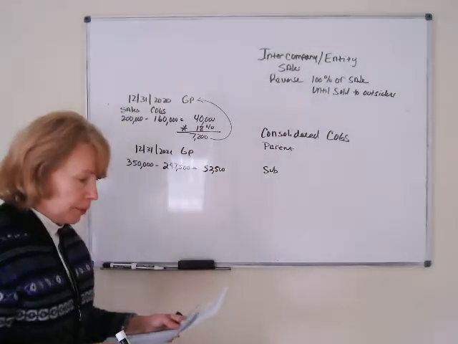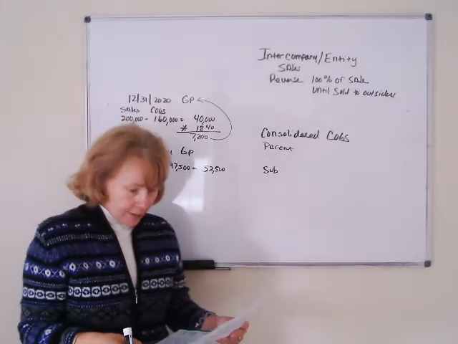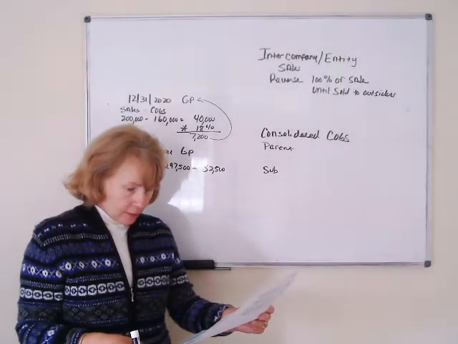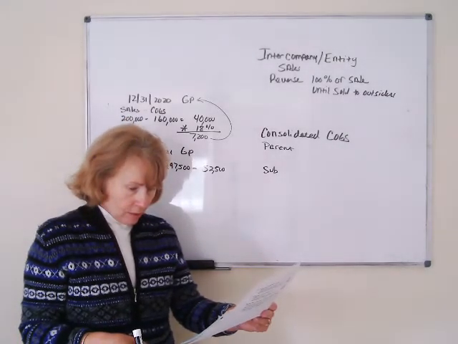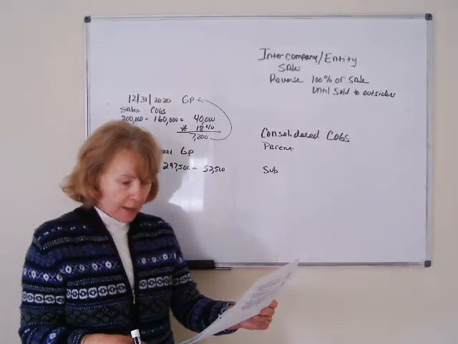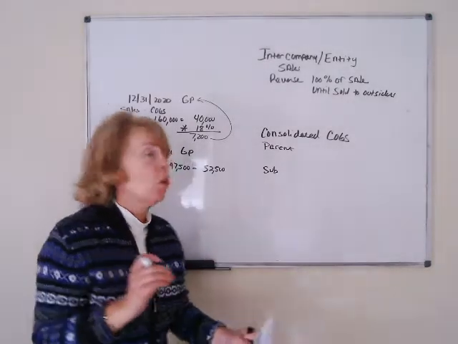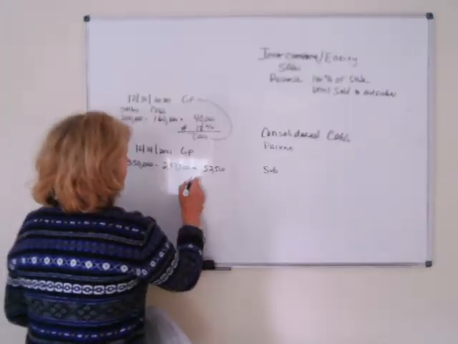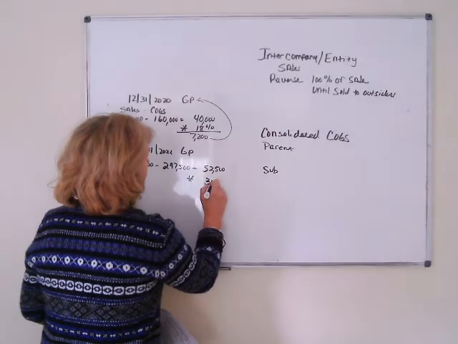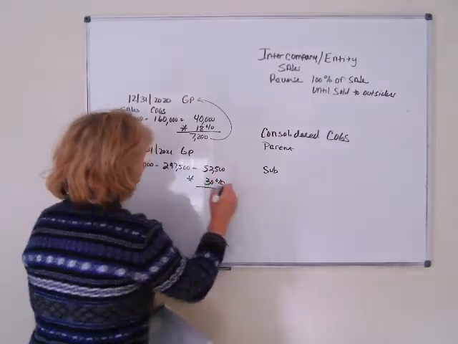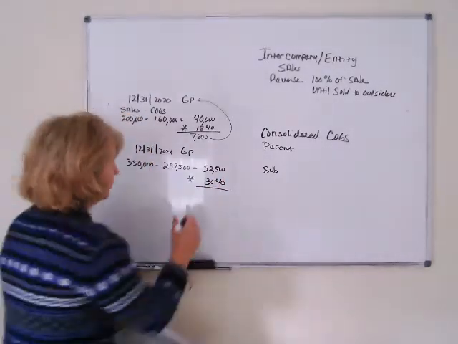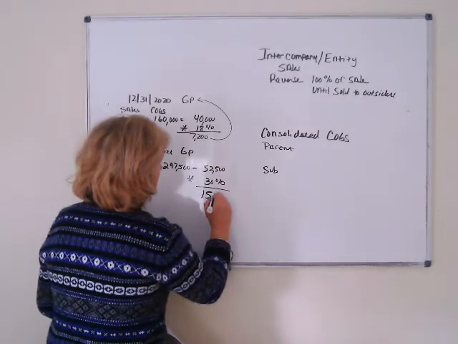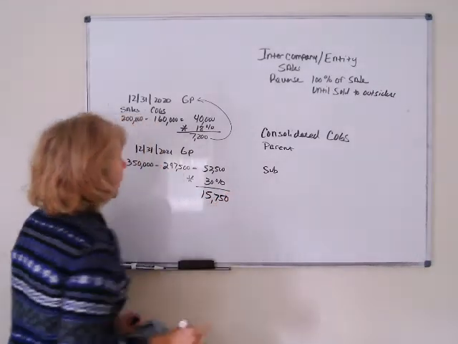I look in the problem: what percentage are they saying? They're saying 30% of this inventory was not sold to outsiders. I multiply it.